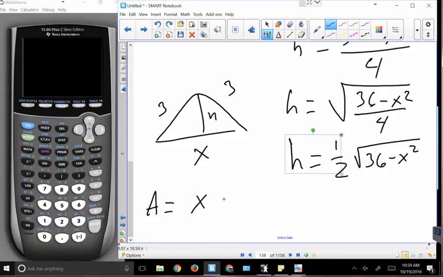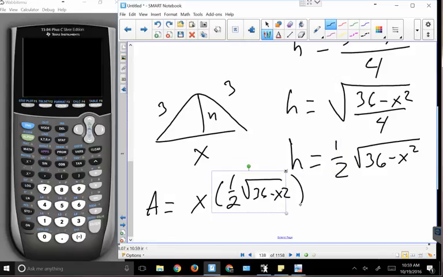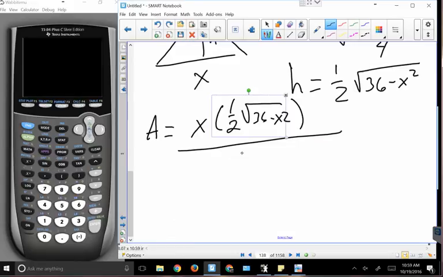The height turns out to be 1/2 of the square root of 36 minus x squared, all over 2. It's a triangle, of course it's going to be 2. So now, can we do some simplifying on this?